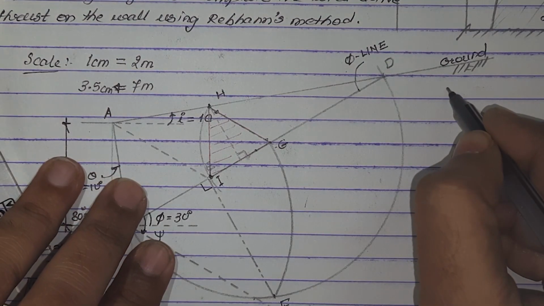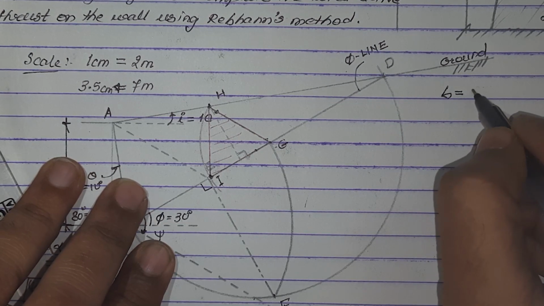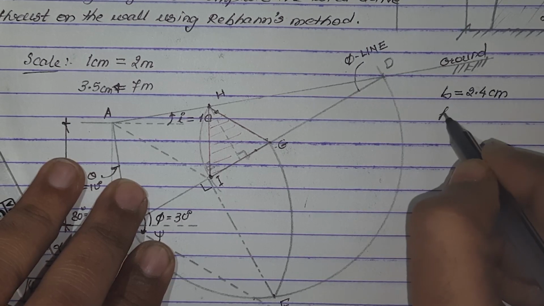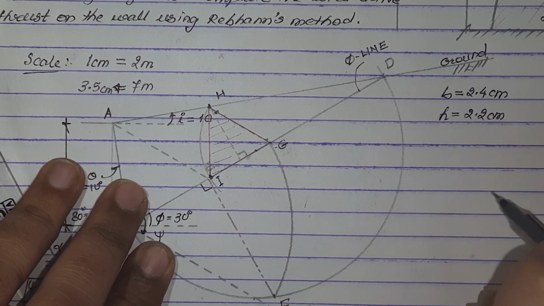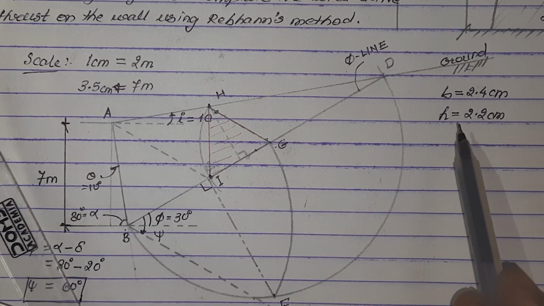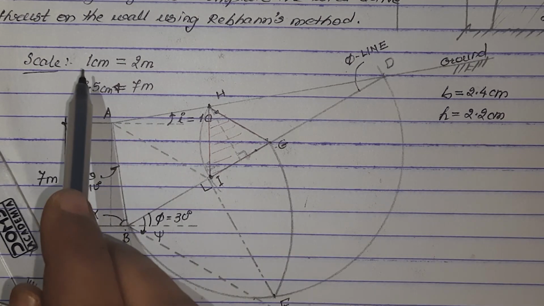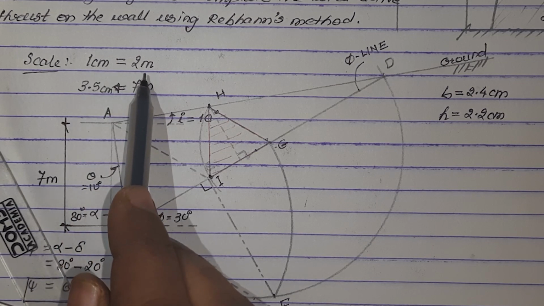Here, base of the triangle, it is 2.4 centimeter and height of the triangle is 2.2 centimeter. Alright, here we have to convert these distances into the side distances. So what is the scale? Scale is 1 centimeter on our drawing is 2 meter on the side.